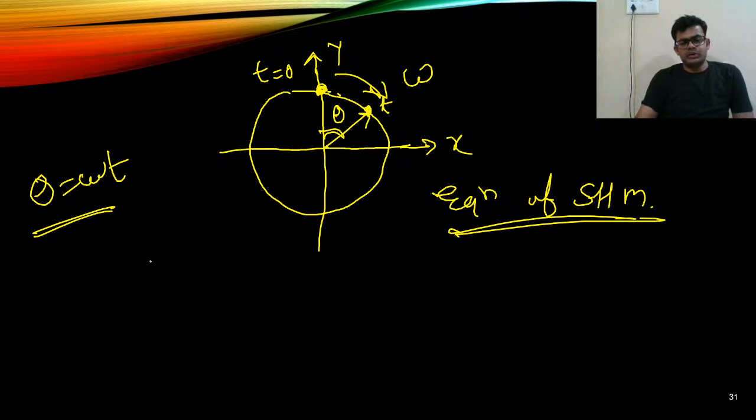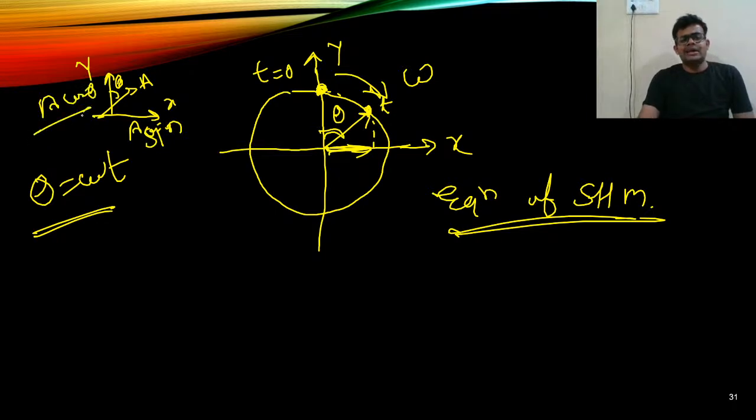Now what will you do? Let us take its position on the x-axis. If this is a, this is y, this is x, and this is theta, then this will be a sin theta and this will be a cos theta. I told you, in the direction of theta you take the cos component, and in the direction where you are not having theta, there you take the sine component.